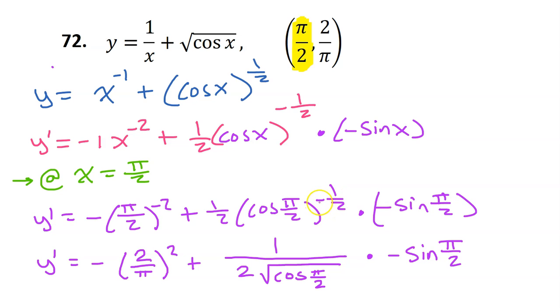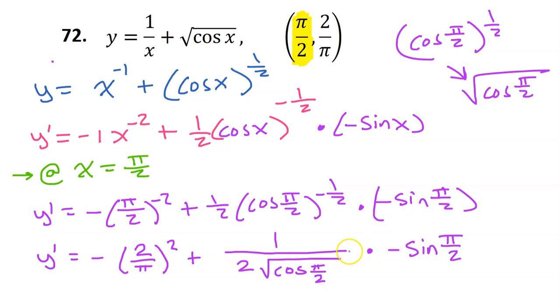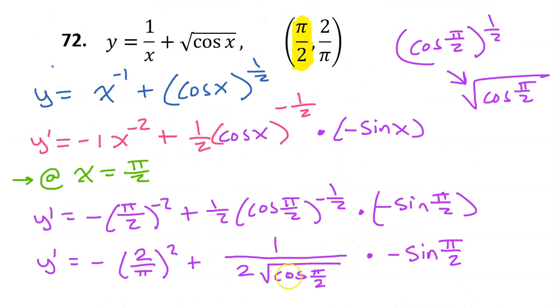Because of the negative, I had to drop this whole expression down into the denominator. And if I have cosine pi over 2 to the 1/2 power, we know that is the same as the square root of cosine pi over 2. So that's why when you combine those two things, I end up with 1 over the square root of cosine of pi over 2. Square root because of the 1/2 power. It's in the denominator because it was negative. This is going to be very important because of what's going to happen next.